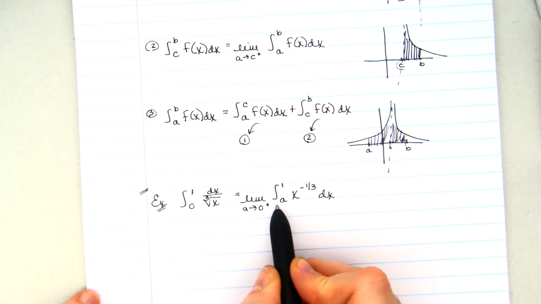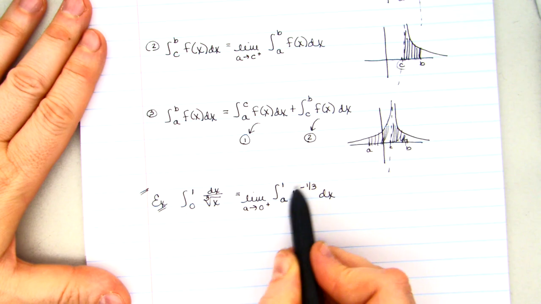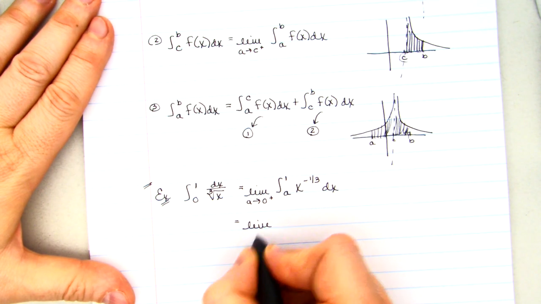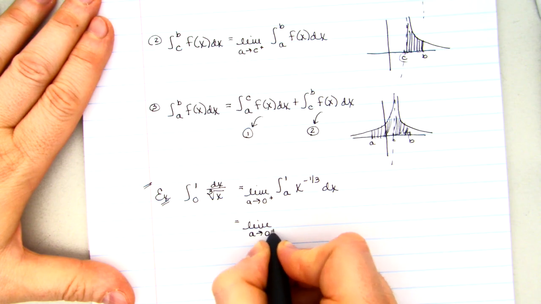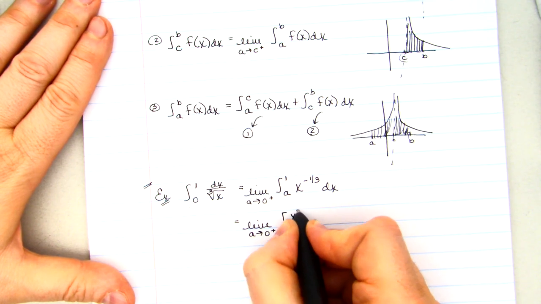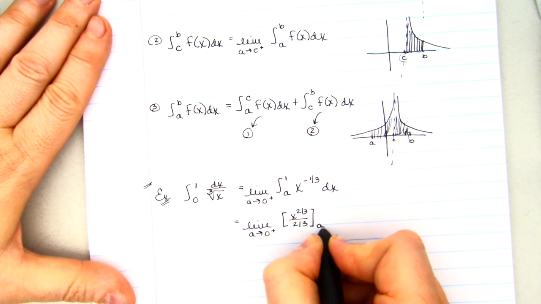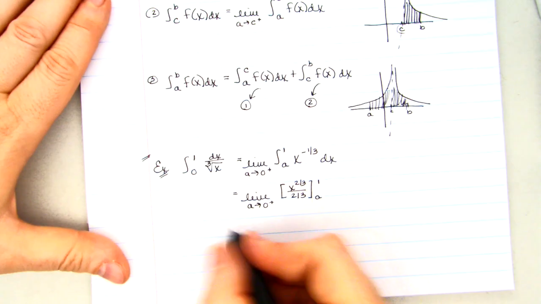Now, I'm going to use my fundamental theorem of calculus on this, plugging in 1 minus plugging in a. This gives me the limit as a approaches 0 from the right of x to the 2/3 over 2/3 from a up to 1.